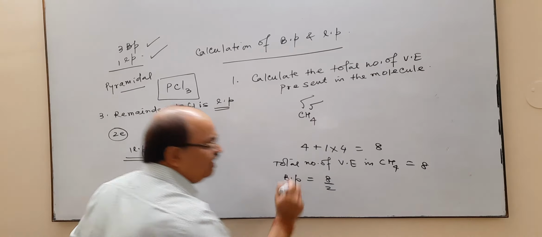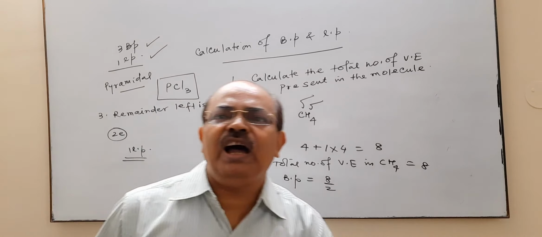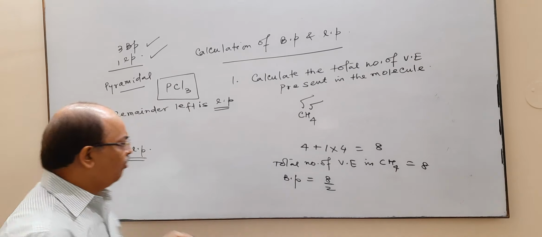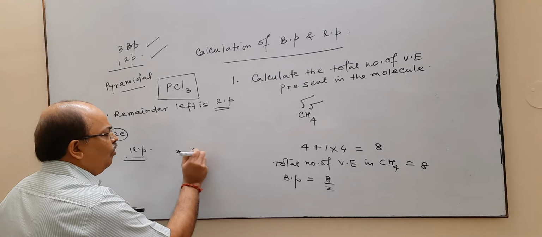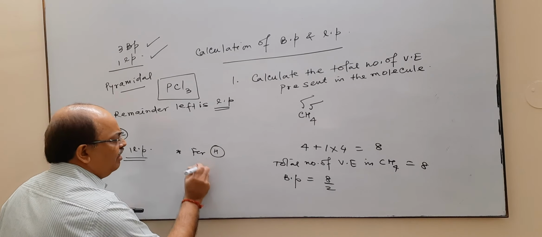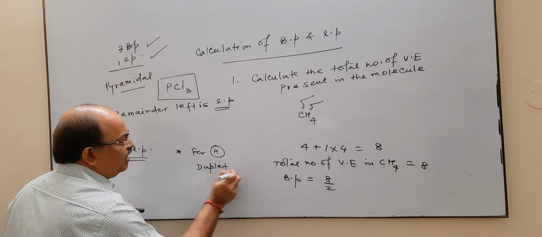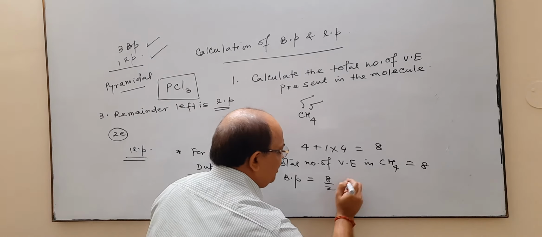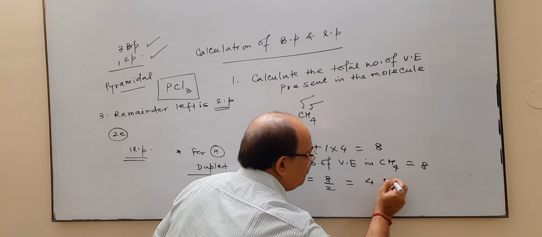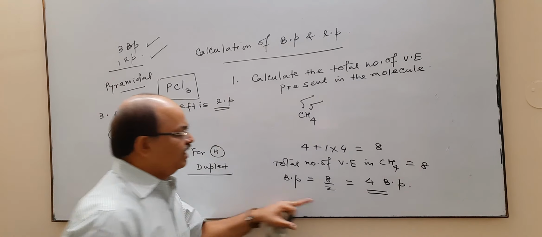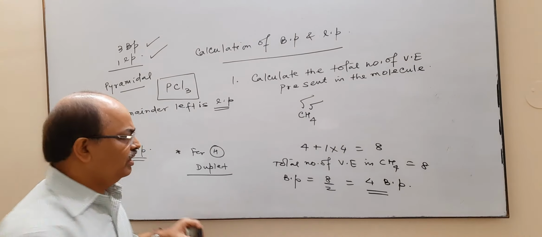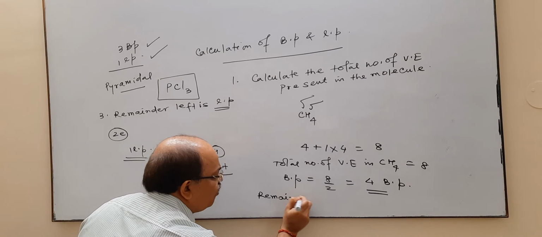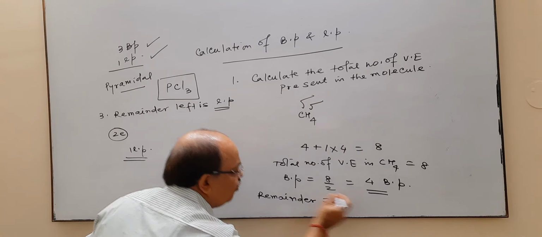Bond pair will be 8/2, because for hydrogen there is no octet, there is a duplet. So duplet means 8/2, means 4 bond pair. Now see, there is no remainder, means remainder is equal to 0.